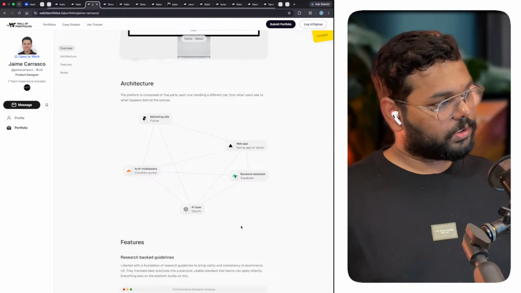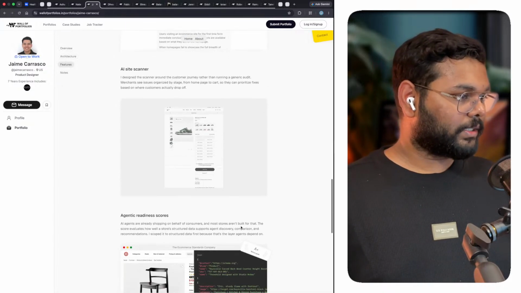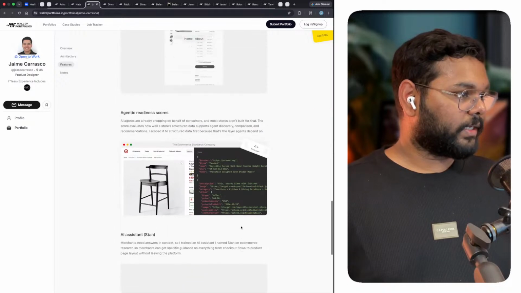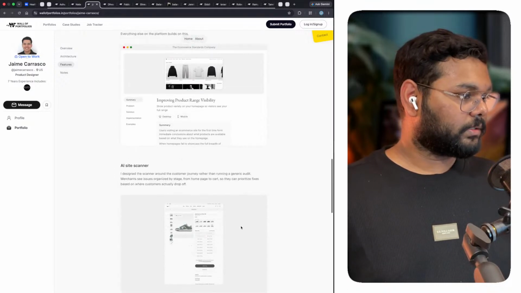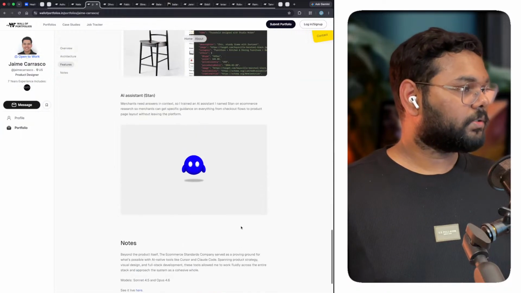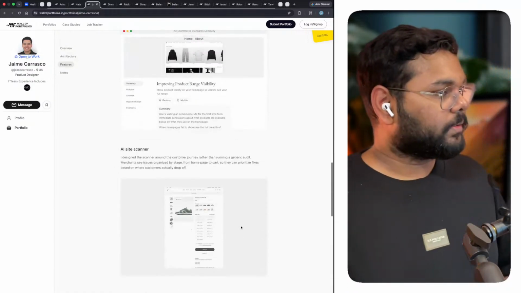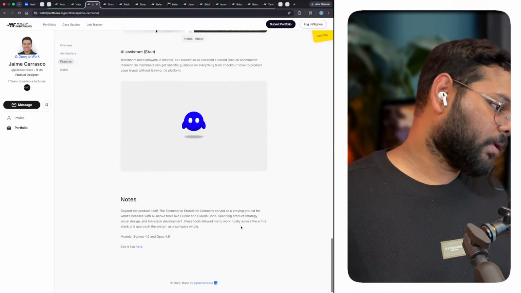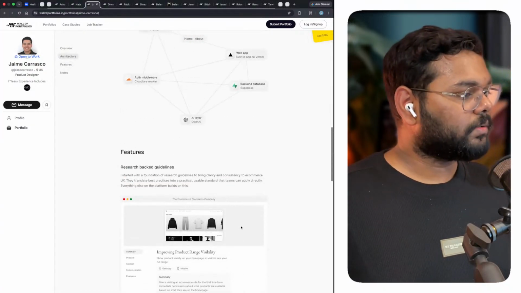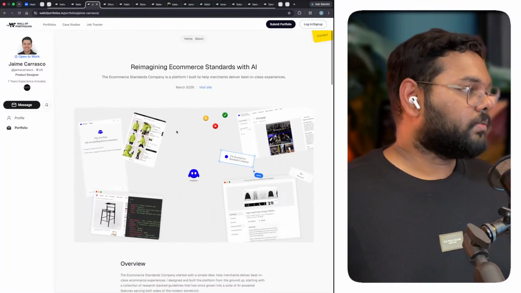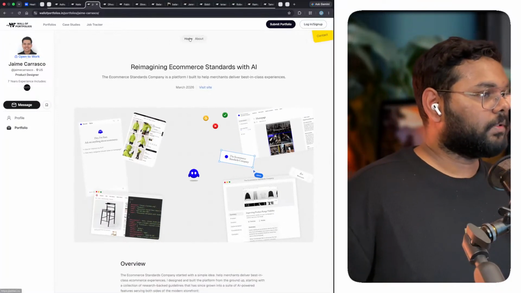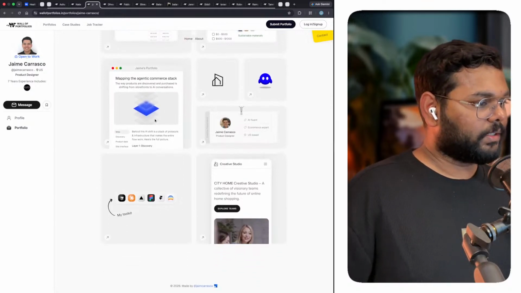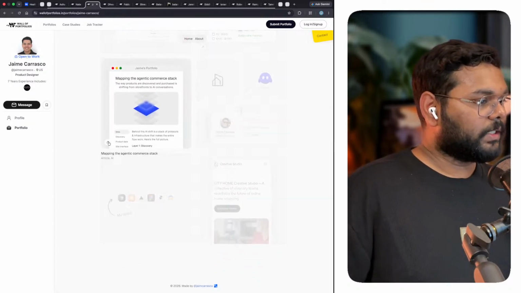Architecture, okay, I think it's a site developed with the help of AI, and not sure, but more than a case study, it feels like product promotion. Okay, good. I won't say that it is something out of the blue, but good.